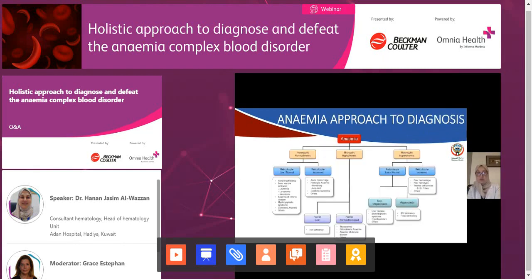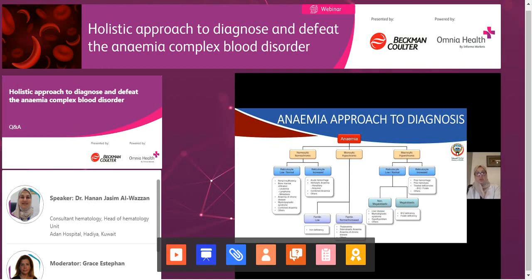So in approaching a patient with anemia, we start with the diagnosis of the presence of anemia, then classification of anemia. We can classify anemia as normocytic normochromic, microcytic hypochromic, or macrocytic anemia.